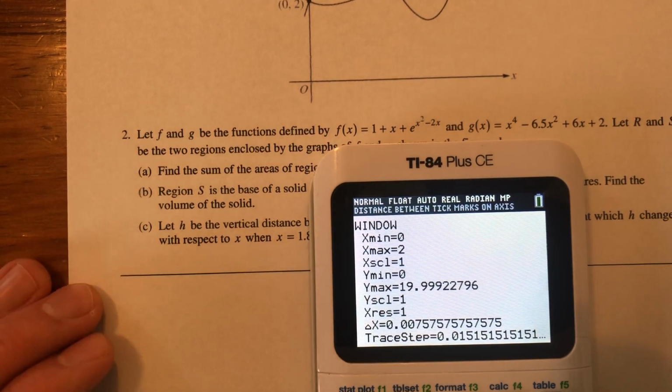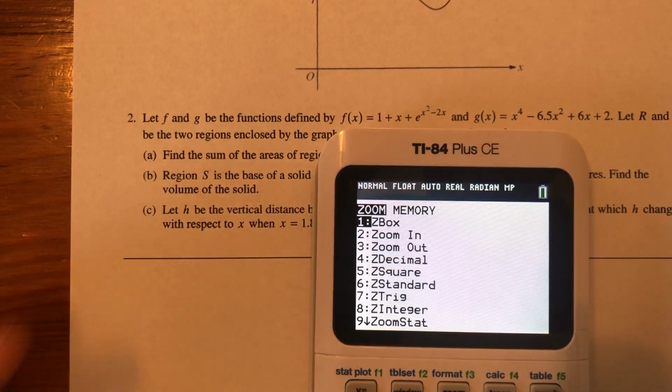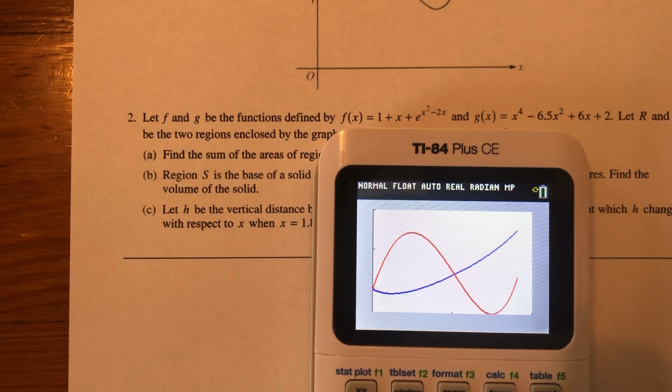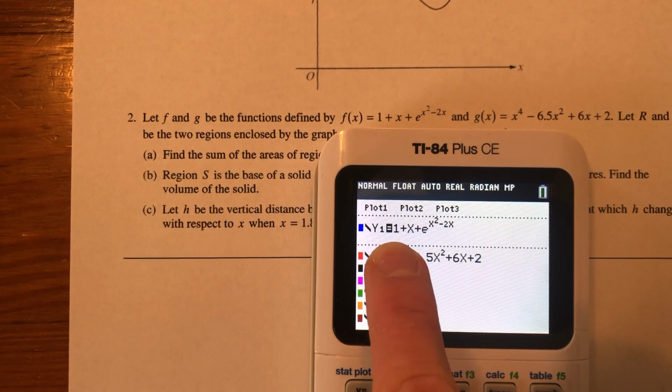And when you do that, you can also press zoom fit, which is zoom 0, and that will automatically take it to the right y values that will just really show you the features of the graph that you need to see. There we go. Okay, so when we graphed this, on my calculator, the blue one is y1, the first one, and the red one is y2.